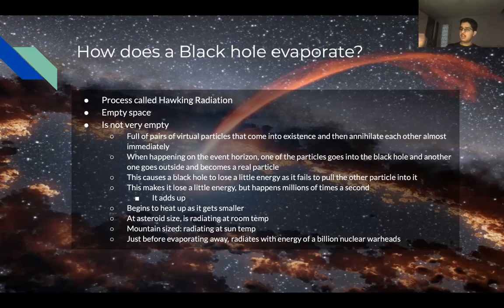The particle that escapes becomes a real particle. But because the black hole failed to pull that particle in, it lost a little energy. This happens millions of times a second, so despite the very minute amount of energy lost each time, it slowly begins to add up.